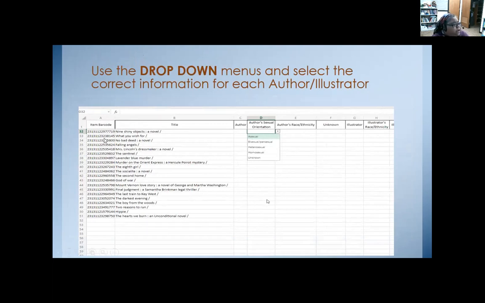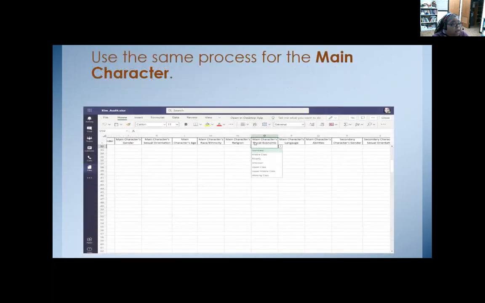So when you get your book, you put your author in, and each box has a drop down menu, and you'll just select from the drop down menu whatever you need to put for that book. Once you've done the author, you can skip the illustrator.